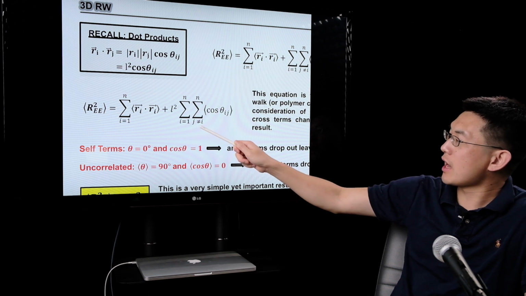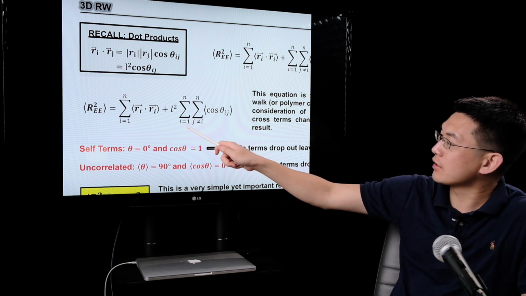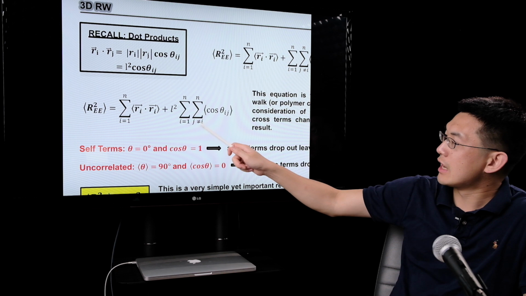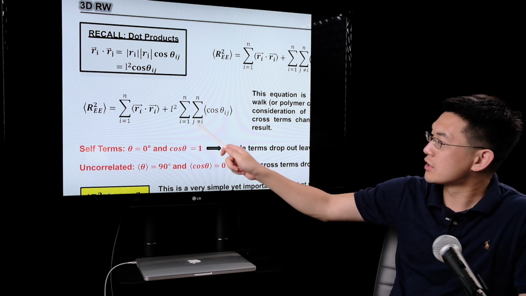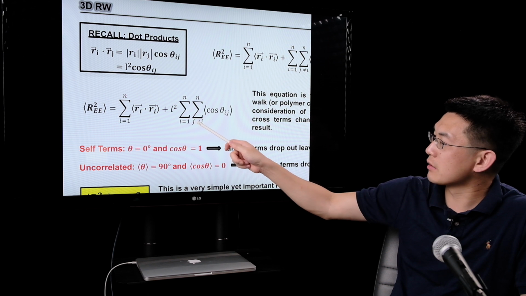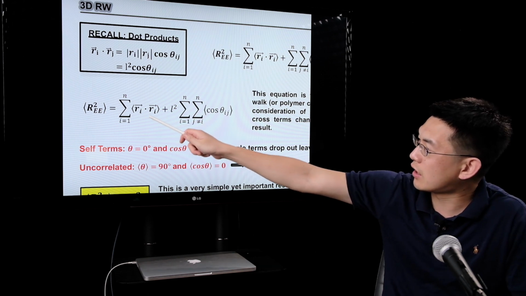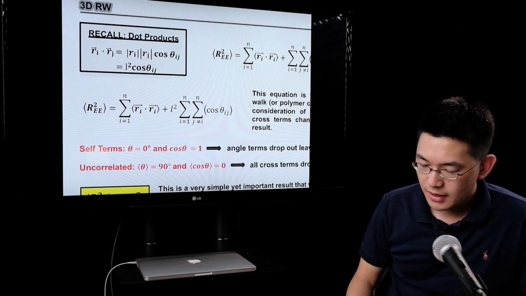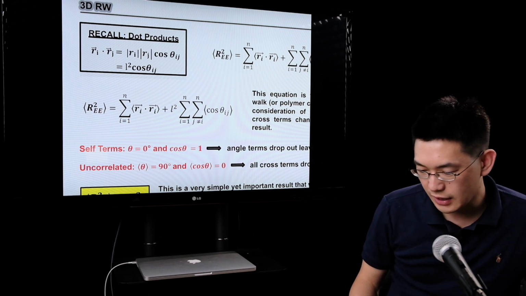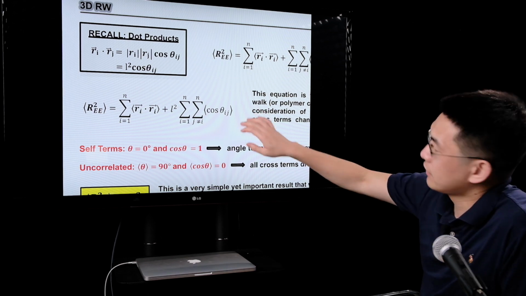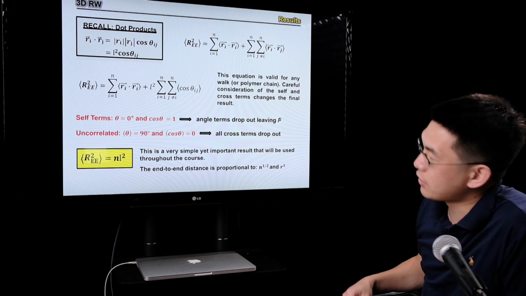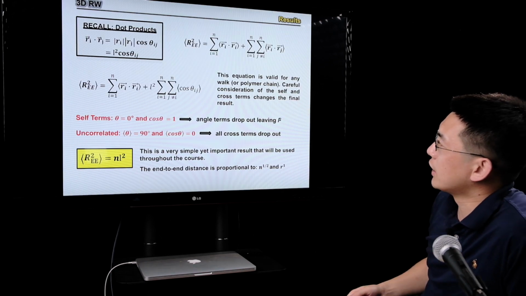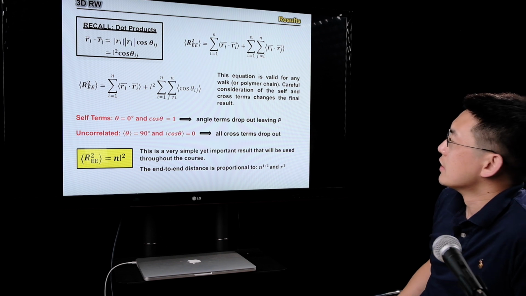It has a double sum, with i from 1 to n, and j not equal to i. This is very important, because j equal to i basically means it is the self term, Ri dot Ri. Adding them together, you get all the terms as shown here, and this equation is valid for any random walk chain.